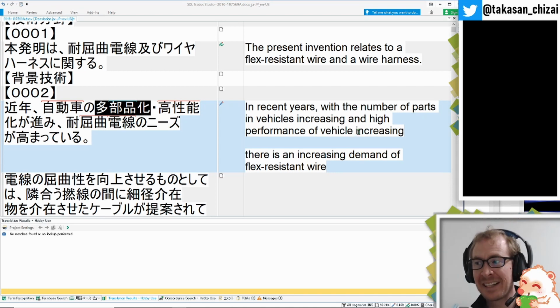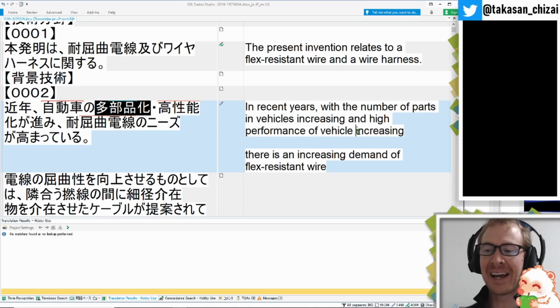One of the questions I often get is, how often can you add words? In patents, adding words is generally not a good thing. But in this case, we're not adding a new word, we're reusing a word. And reusing words for clarity is a very good idea in patents.